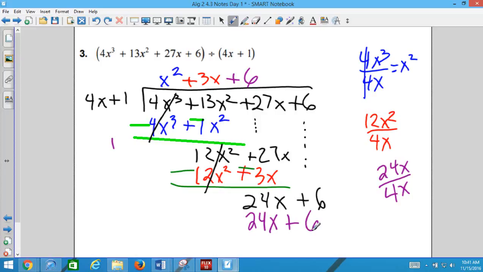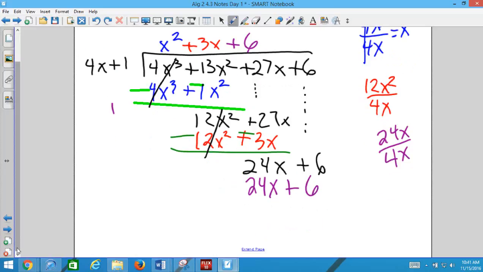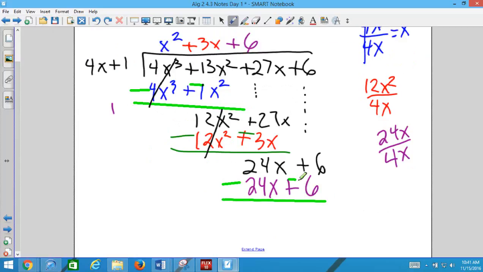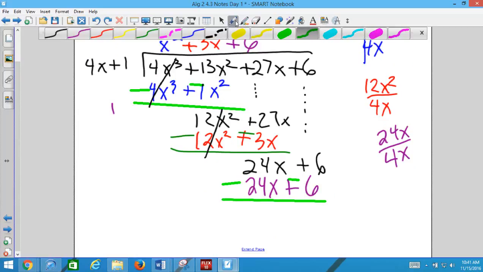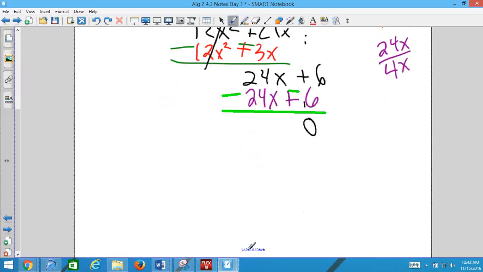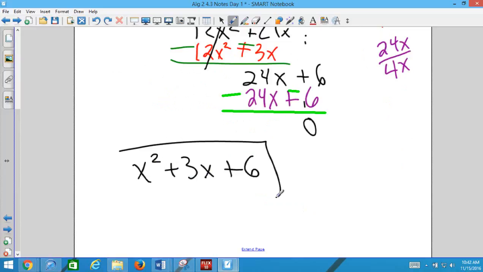And we draw the line and change the signs. And when we do that, we get 0 for our remainder. So if there is 0 for the remainder, you don't write a remainder. You just write x squared plus 3x plus 6. Because there's no remainder.